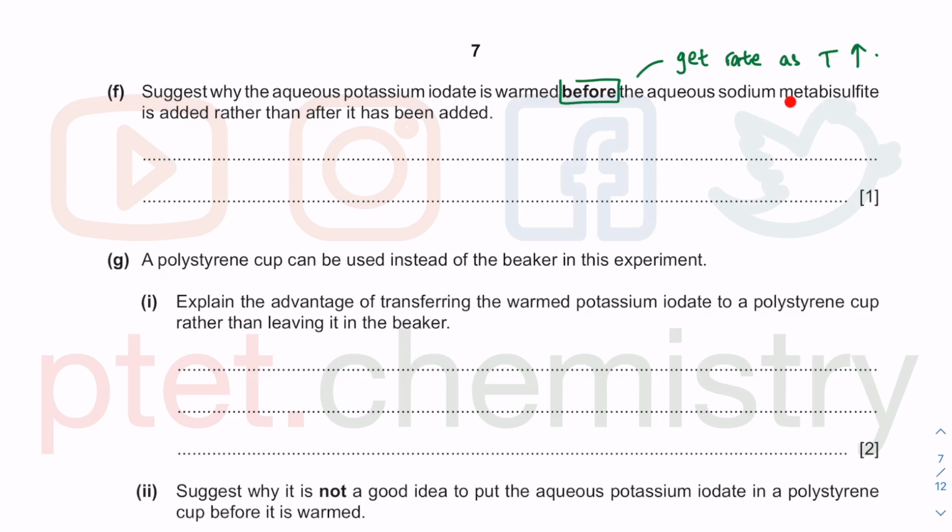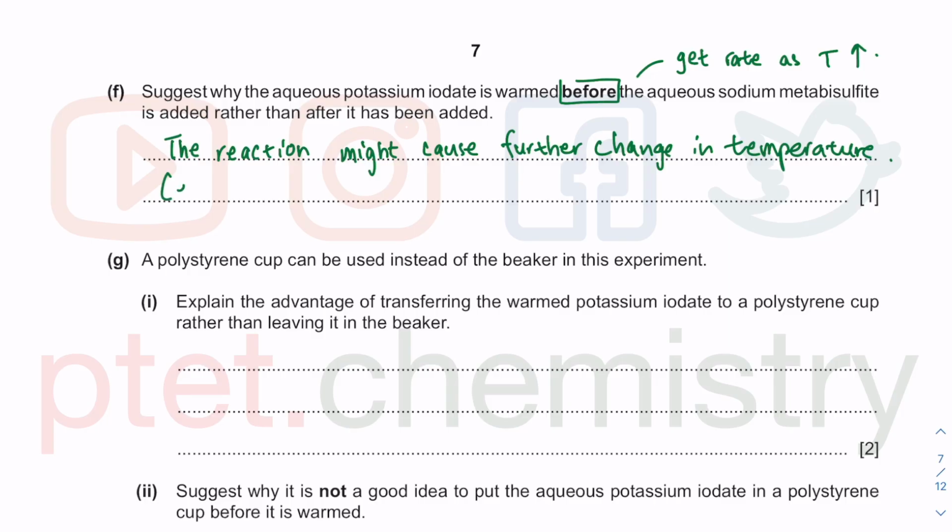So we have to get the temperature of the solution before we started reacting, so that we can say that is the temperature of the solution itself, rather than after you have reacted. So really, this is talking about the reaction. The reaction might cause further change in temperature. So we don't want that to affect our reading.